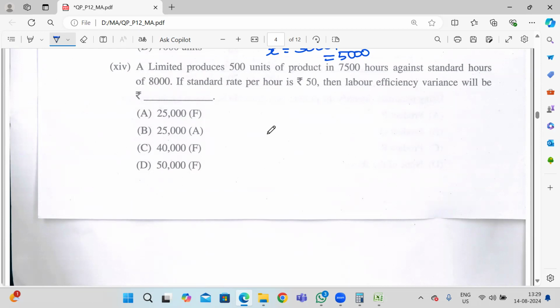So labor efficiency variance is equal to standard rate into, so you can easily remember efficiency is based on hours only, so the difference should be standard hours minus actual hours, right?